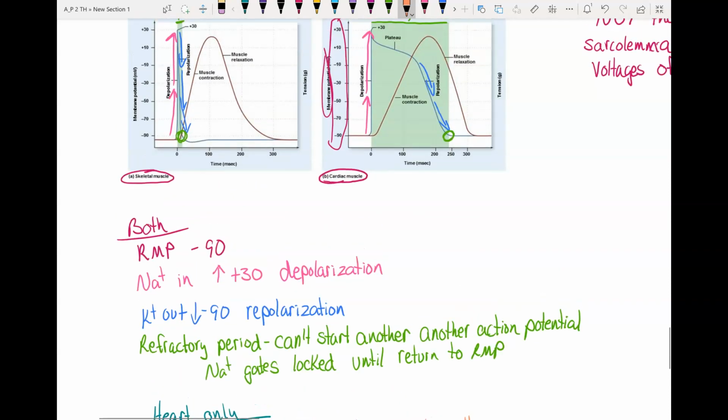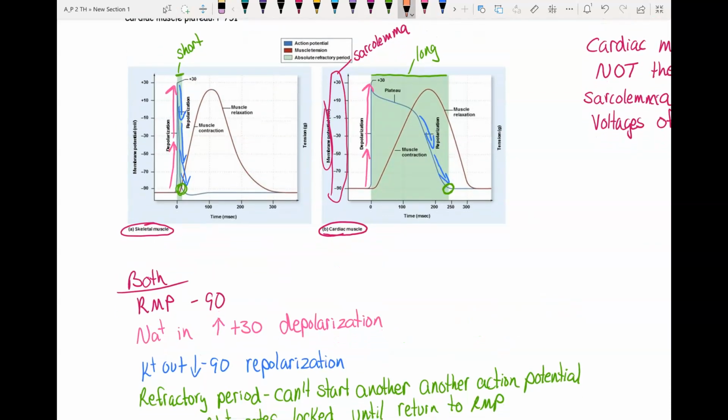So in the heart, you have this plateau phase. So right here is the plateau. Notice in the skeletal muscle, the voltage goes up and it immediately drops back down. In the heart, the voltage goes up, then it slowly drops back down.